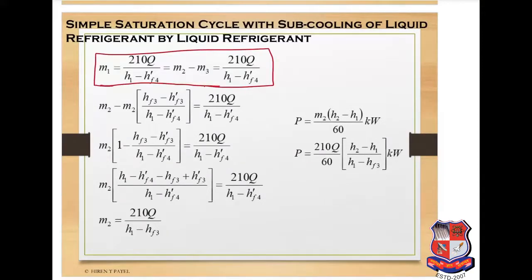So this is the mass required in the evaporator, and the total mass M2 needed to be handled in the compressor is this M2. So this is the total mass of refrigerant required for the system, and from that the power required to drive the compressor is this.